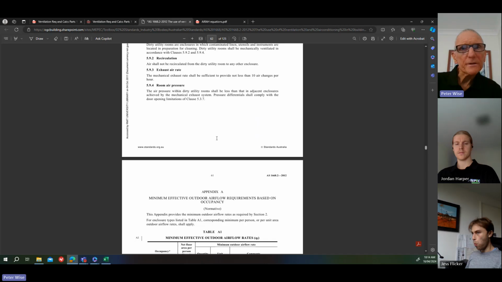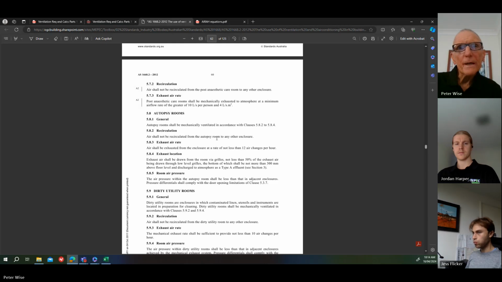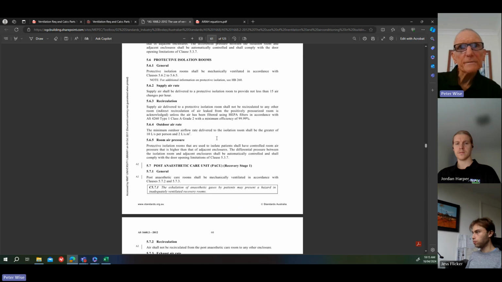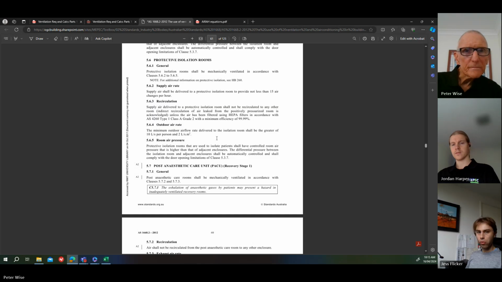Now, I just wanted to mention here, don't take this as gospel, because if you're doing a hospital in particular, every state has its own code. Unfortunately, as far as I'm aware, or last time I looked anyway, which was probably last year, every state has its own standards. They're quite similar, but they could be different.